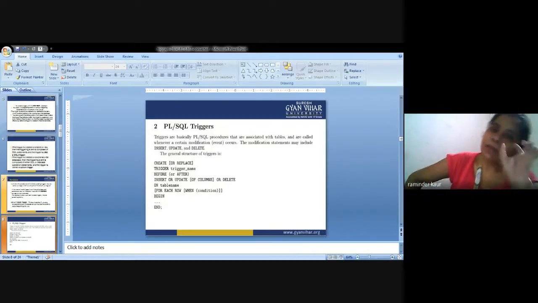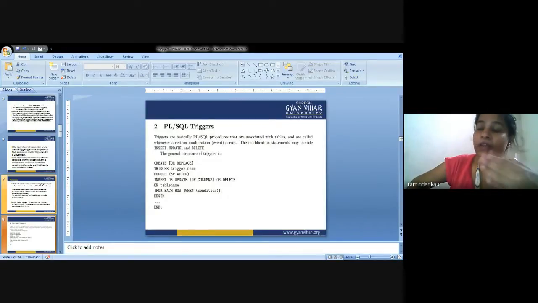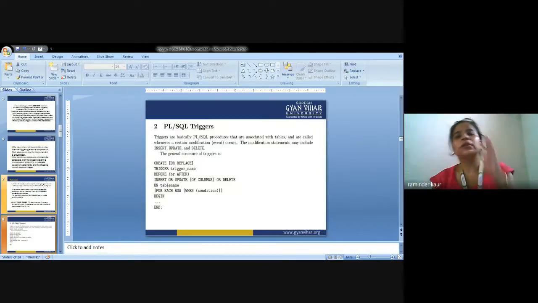So what does the main PL SQL block consist of? It consists of four parts. First is declare, then begin, then if there is any exception we are supposed to handle it, and if there is a beginning, then there is an end. These are the four main points concerned with the PL SQL block.